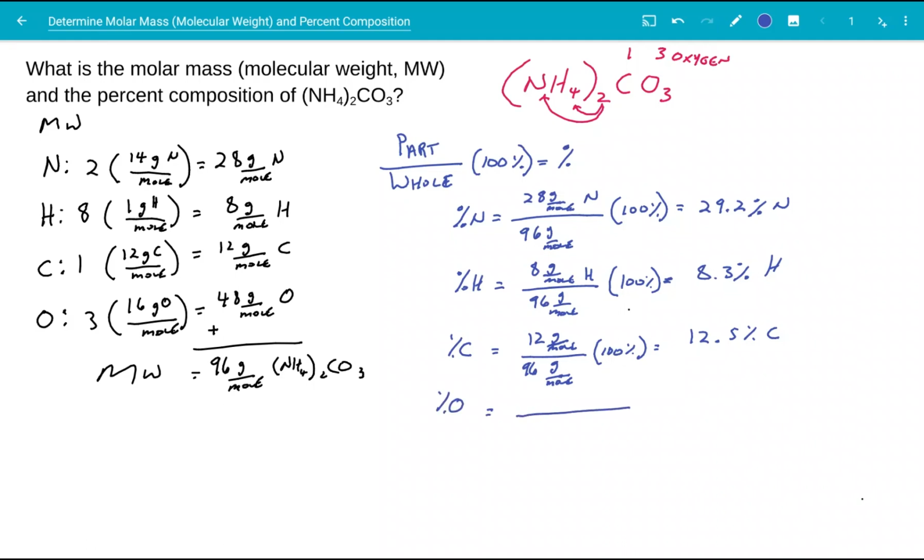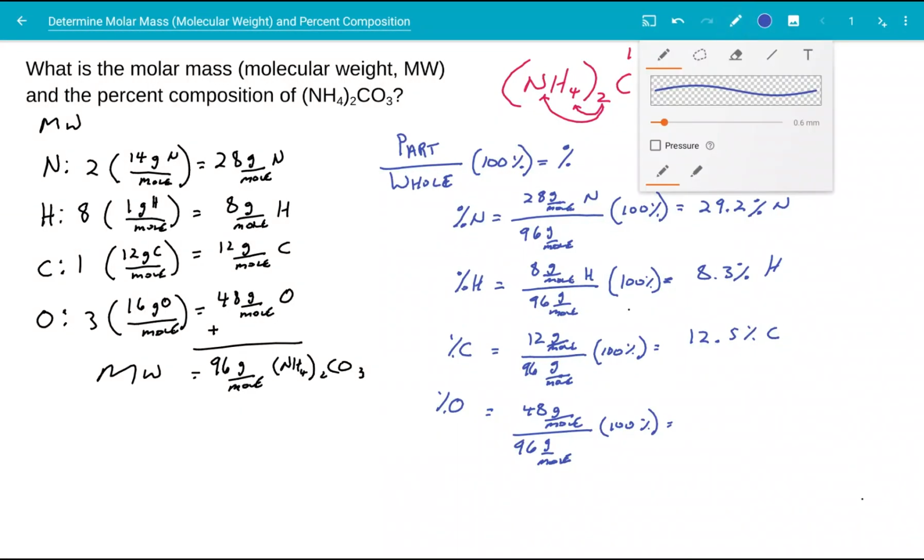And then for oxygen, we're going to take 48 grams per mole over 96 grams per mole, times 100%. So let's fix this up a little bit.